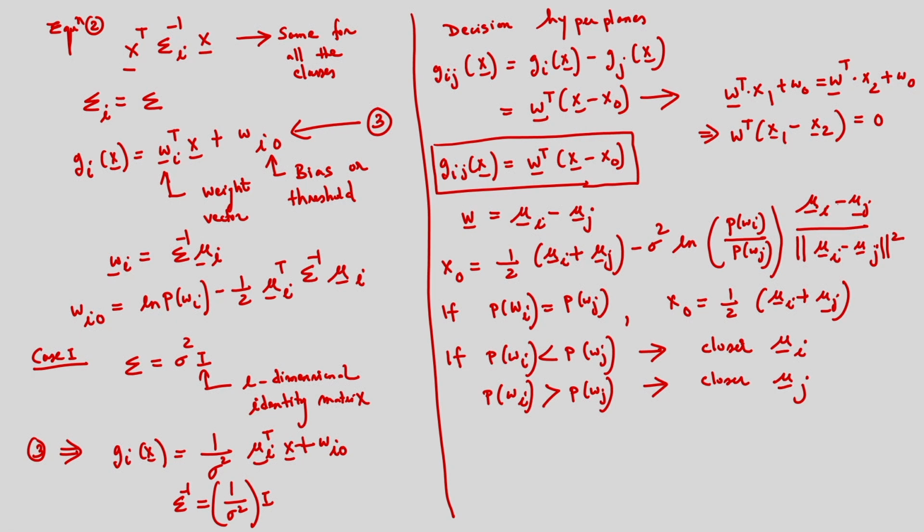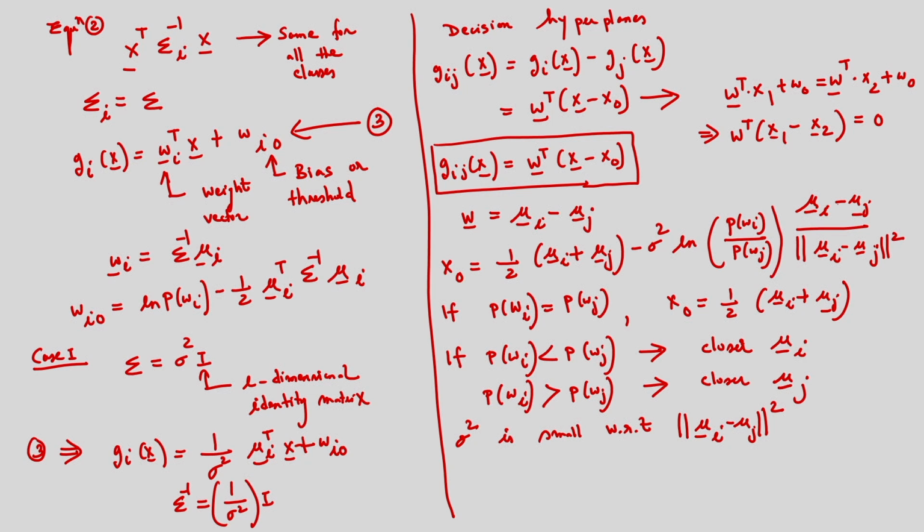So this is the case. And if the variance sigma square is small with respect to the difference in the mean, so I am just finding the Euclidean distance between these two means, the location of the hyperplane is rather insensitive to the values of P(Wi) and P(Wj).